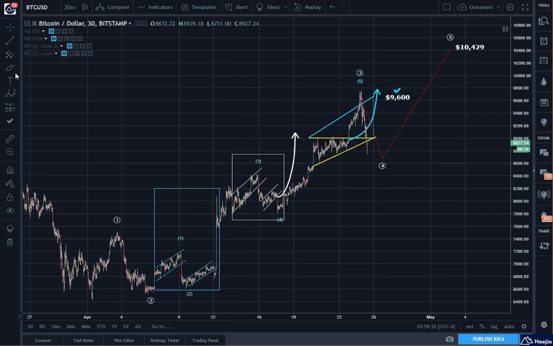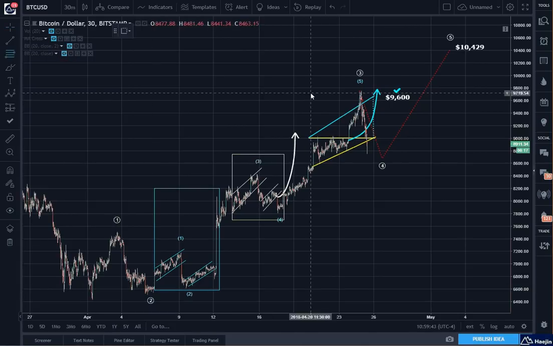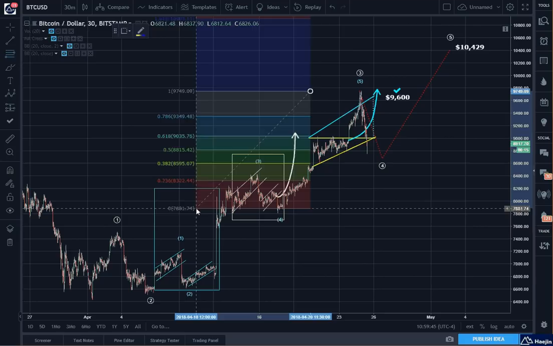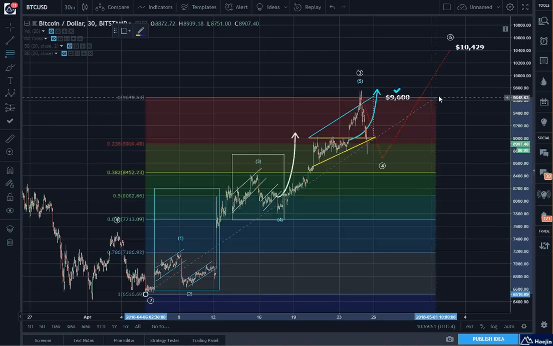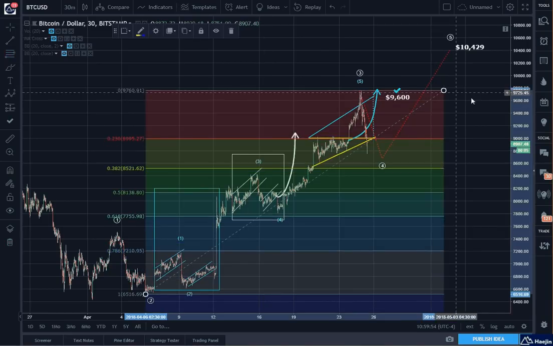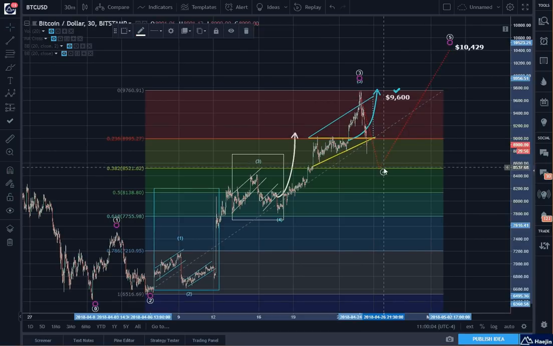So let's take a look at the Fibonacci. So if we just take wave 3, the 38.2 will bring it down to 85.21.